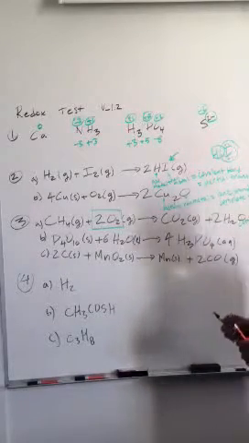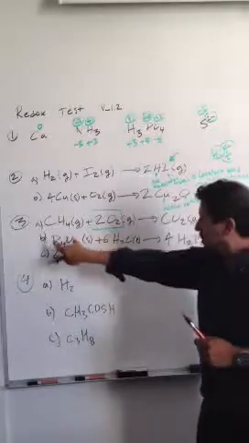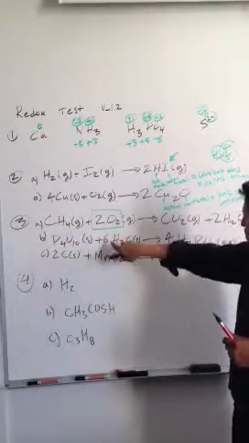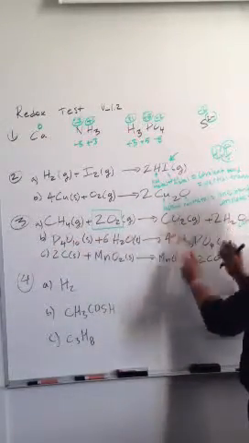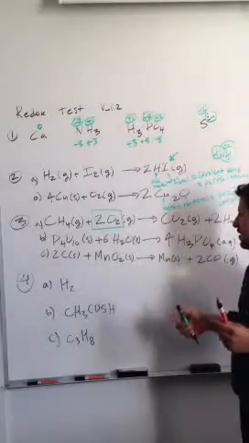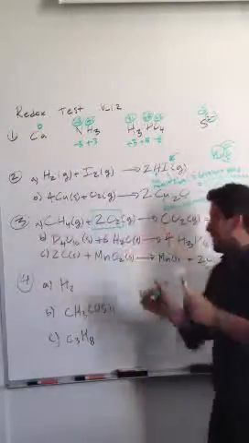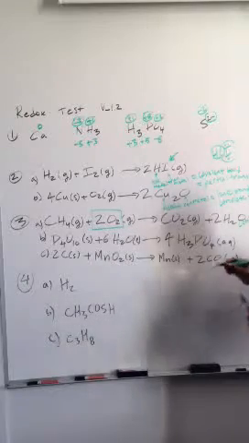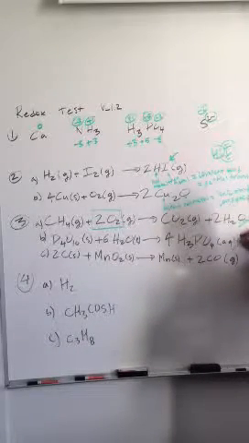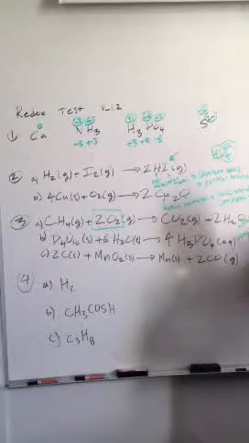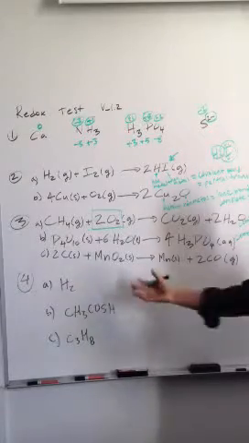Okay, excellent. Over here, we've got this molecule here and this molecule here coming together to make one. So this sort of thing, if you have 2 things coming together, you can call it a synthesis reaction or a combination reaction, because you're combining 2 things into one.